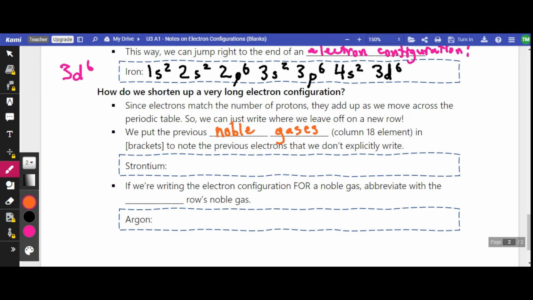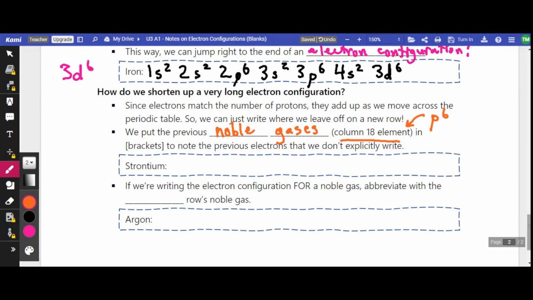Okay. Your column 18 stuff is also the column for p6. So a lot of times you can pick out where you've got a noble gas sitting there, a checkpoint at the end of a row, by looking for a p6 in your electron configuration.